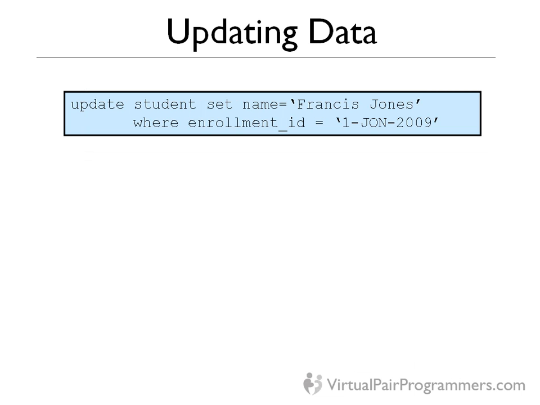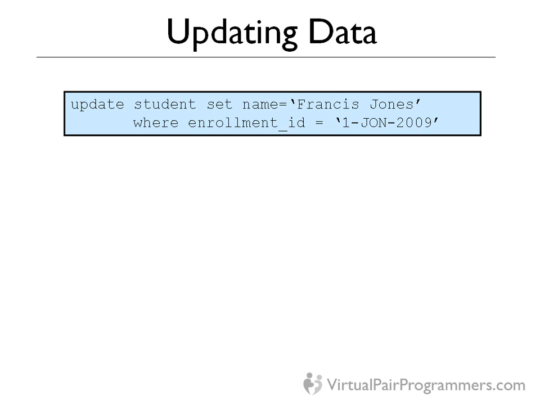Of course, we will want to be able to update the data once it's in the database. So this statement here is the update statement. It's saying that we want to update the student table and we want to change the name via this set name to the value of Francis Jones, but only where the enrollment ID matches the string you can see there.